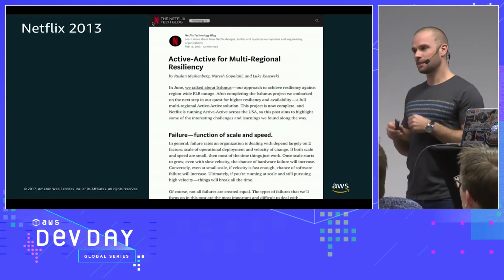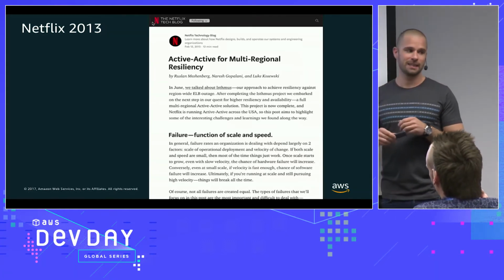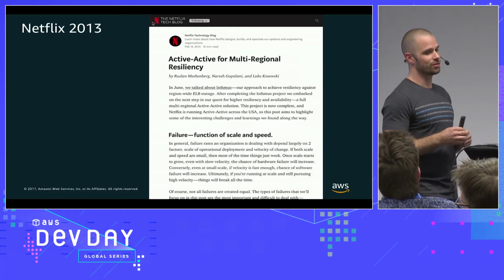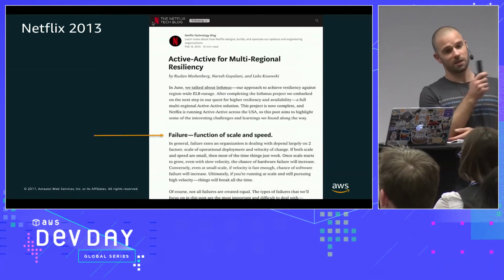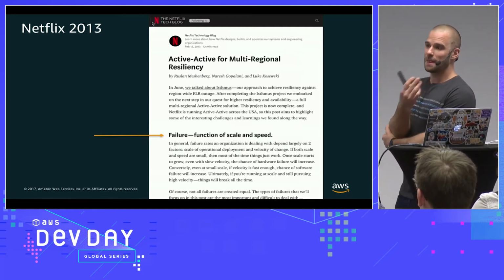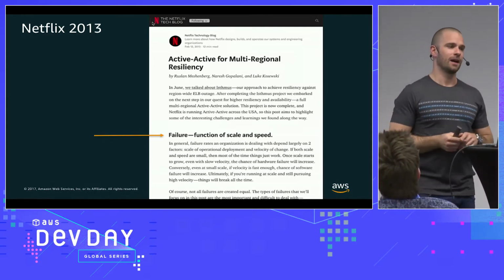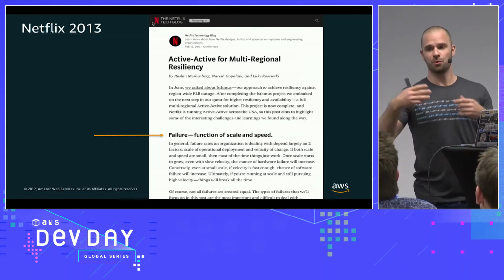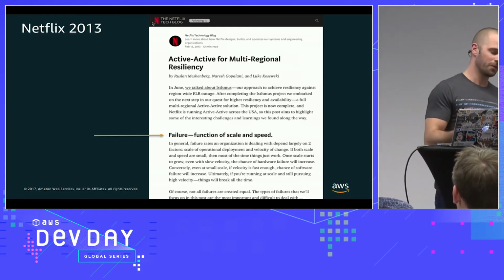As I said, Netflix started the whole thing of active multi-region redundancy. And a very interesting thing they said very early on is that failure is a function of scale and speed. What they meant by this is their sole purpose was to go as fast as possible to deliver new features and new services for the customers, very similar to what Amazon is trying to do.